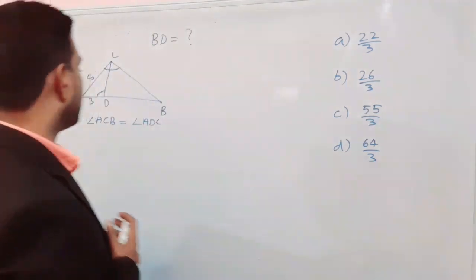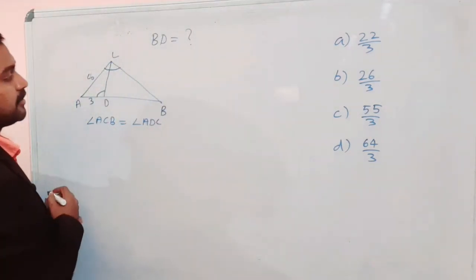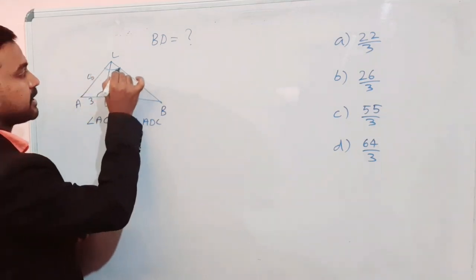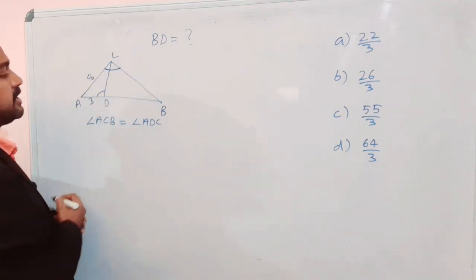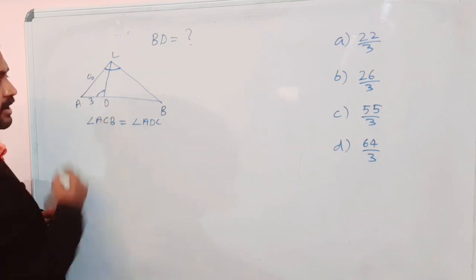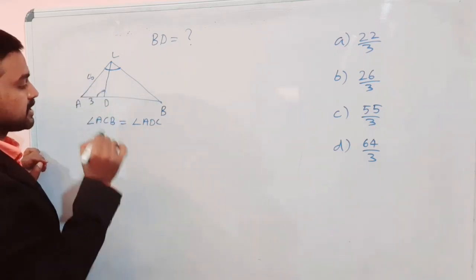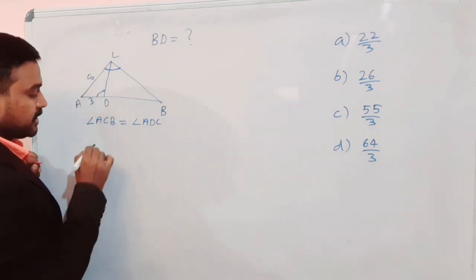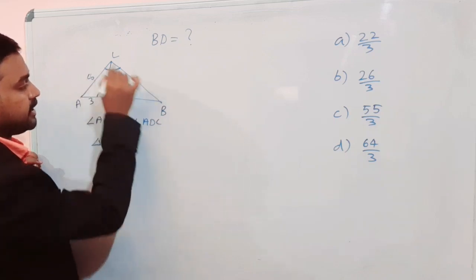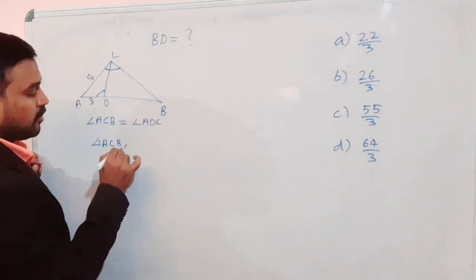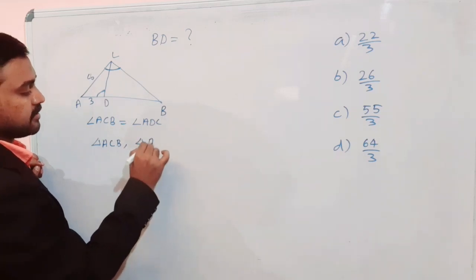Here angle ACB, this big angle, is equal to angle ADC, this small angle. So these two angles come from triangles that can be considered. The big triangle is triangle ACB and the small triangle is triangle ADC.